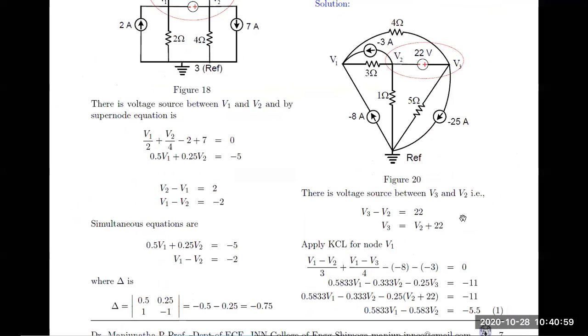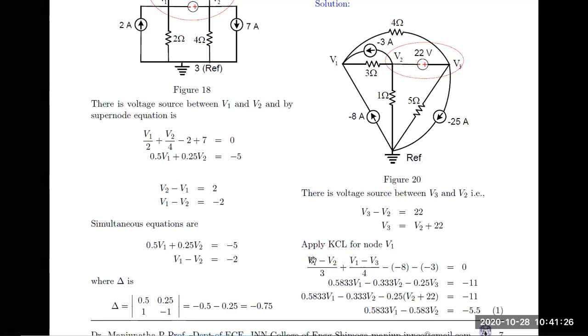V1 minus V2 divided by 3, V1 minus V3 by 4, minus, because this is coming towards the node, minus of minus 8 ampere, minus of minus 3 ampere, equals 0.